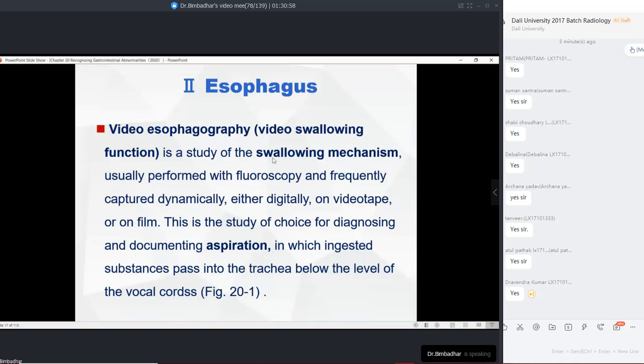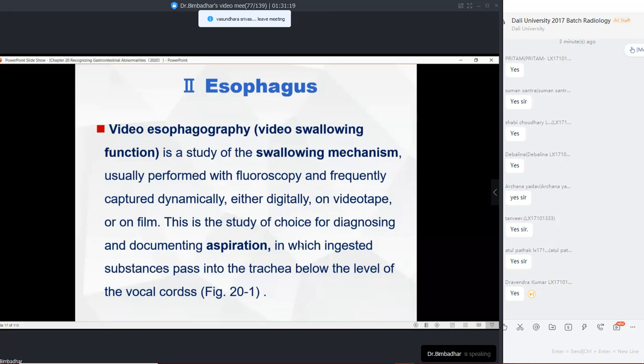So we get a series of images here, and this is the choice for diagnosing and documenting aspiration, which is when ingested substances pass into the trachea below the level of the vocal cords. This is the choice of investigation for aspiration.